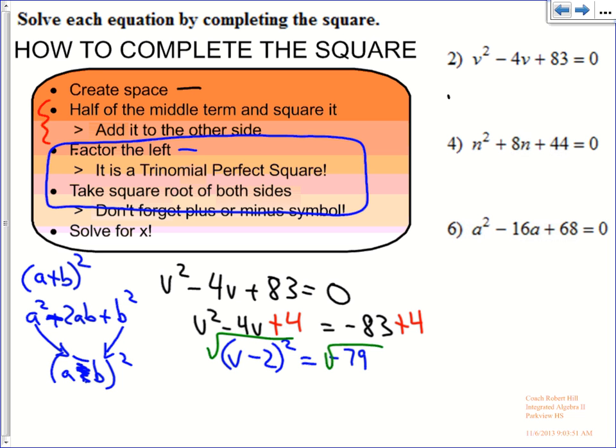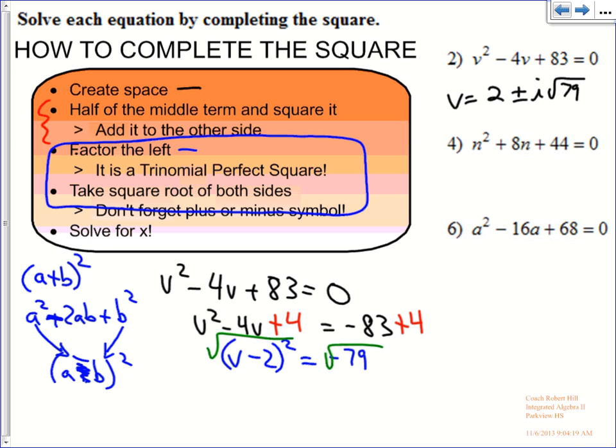So I go n equals negative 2 plus or minus i, because of the square root, and I'm done. Now, if I had done this using the quadratic formula, what answer would I come up with? Same thing. I would just have to reduce some fractions.